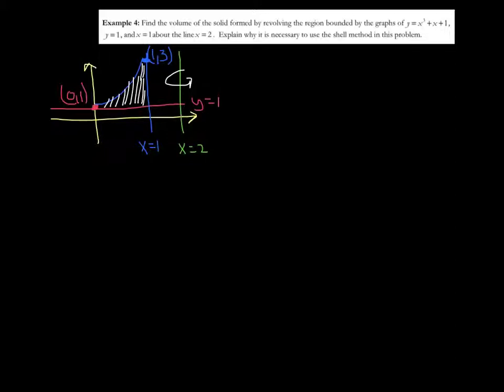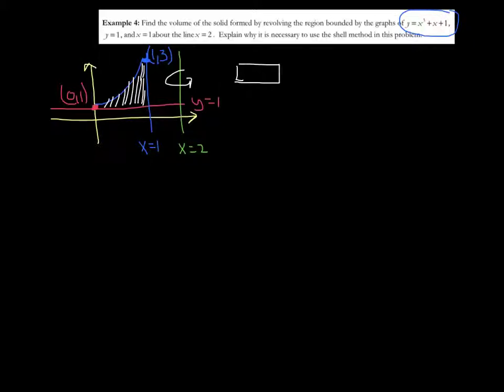Well, you're going to have to draw a rectangle that is perpendicular to the line x equals 2, and you're going to have to solve this equation for x. Well, you can't solve it for x. You're stuck. You can't isolate x, so you cannot use the washer method.